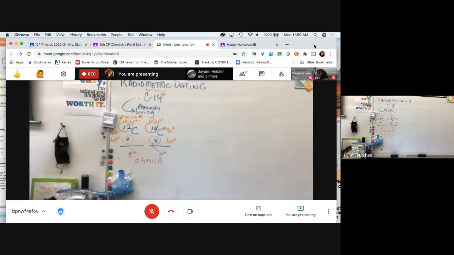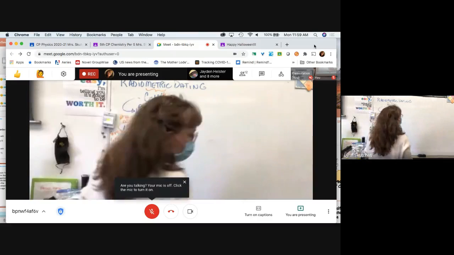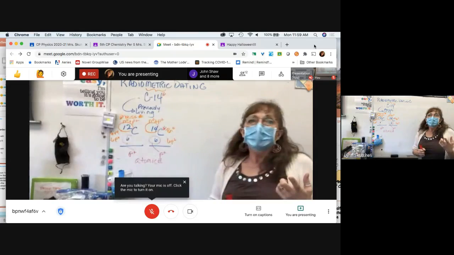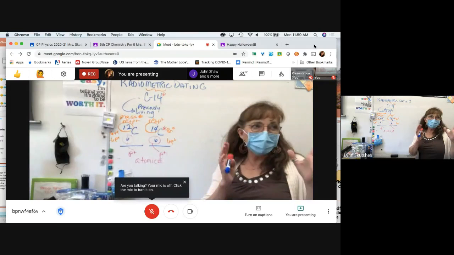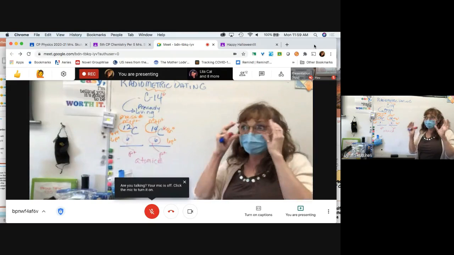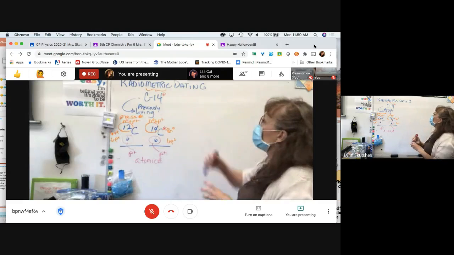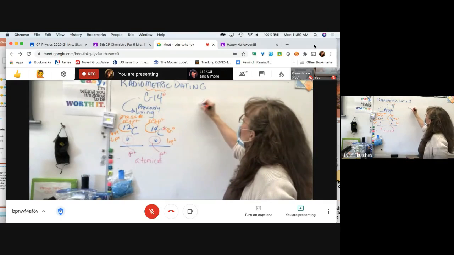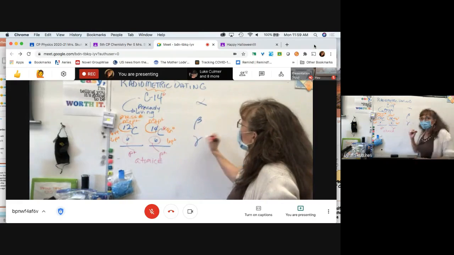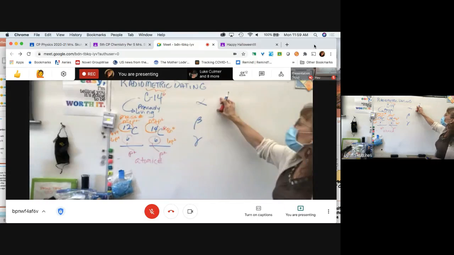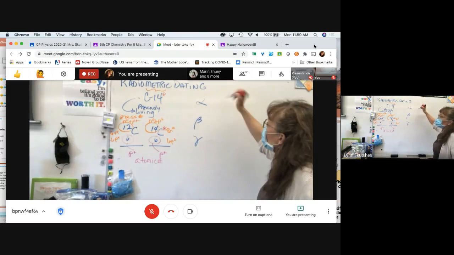Some other things I want to go over before I switch back to the PowerPoint. A lot of people were having trouble with the table I asked you to fill in on particles. So 3 types of radiation: alpha, beta, gamma. Alpha particles are helium nuclei.